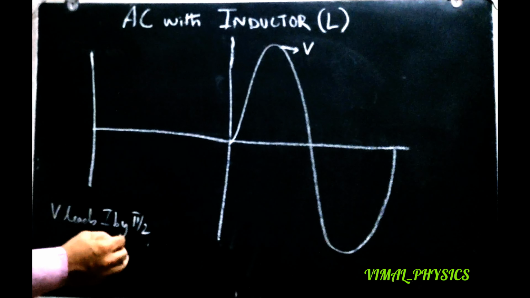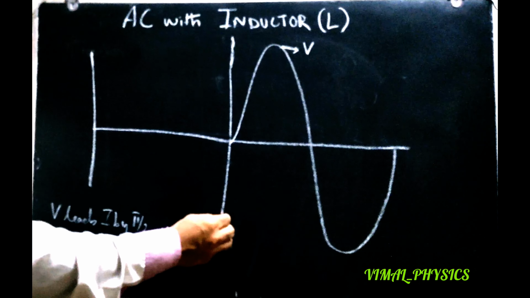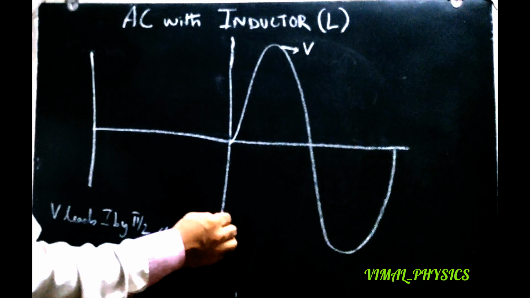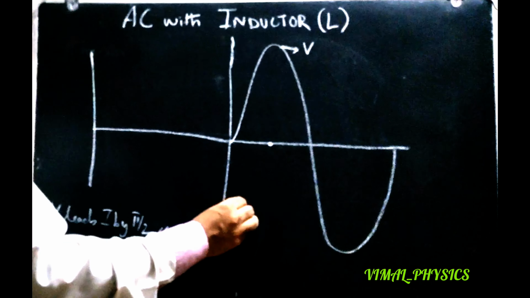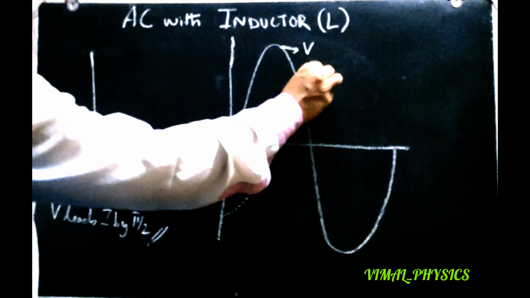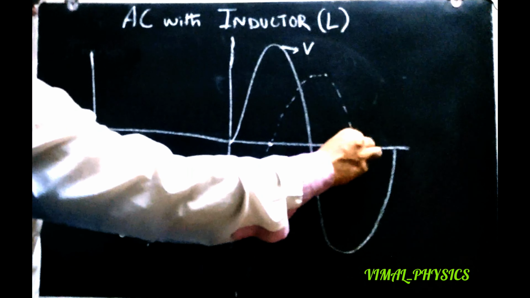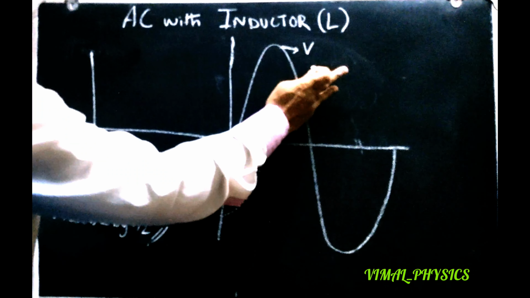So voltage leads by pi by 2. That is the condition, so when I am drawing the phasor, you should be careful with it. Lagging means the curve should start from negative maximum and reach 0. The curve should not equal the voltage, it should be lesser than that.